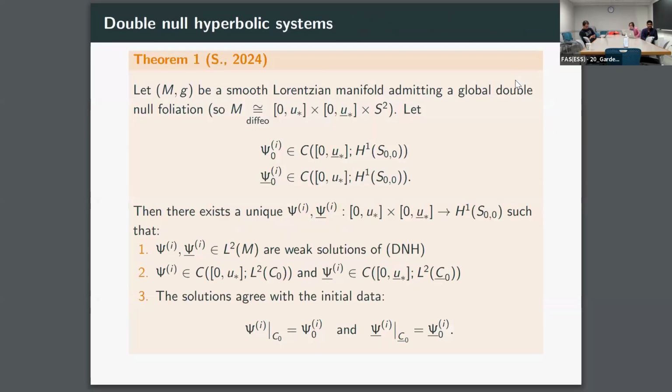H1 of the surface, and L2 of C, right? Yes, I think so. If you include the full nonlinear equations, do you expect the same regularity, given that nonlinear terms are the dangerous terms for weak solutions, but they're quadratic, right? Yes.